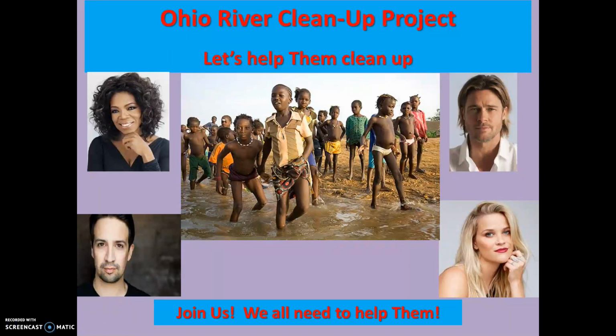Second, within this poster, we specifically want to address the text you used: "Let's help them clean up." Them is referencing the children and their families, and that talks about social perception. Social perception helps to create a thought or evoke a feeling based upon what is seen, and it's not exactly accurate.